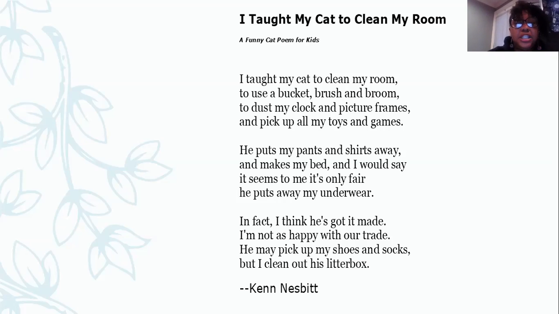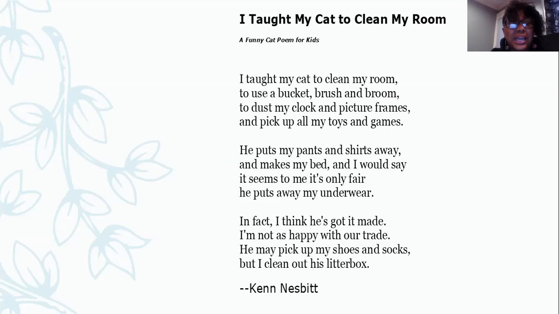Let's see, I'm going to read this poem. Before I get started, now I'm looking at all the lines and I'm looking at the stanzas. I noticed that this poem has 3 stanzas. They're broken up kind of like paragraphs. And then I also noticed that on the first line, the last word says room.